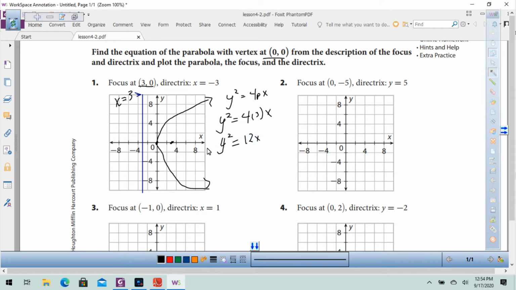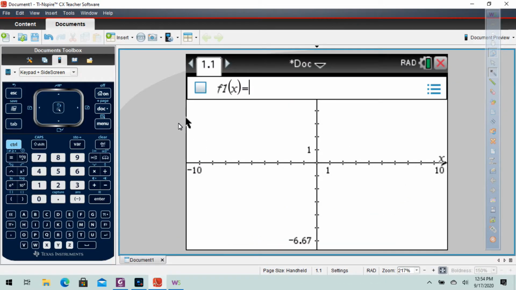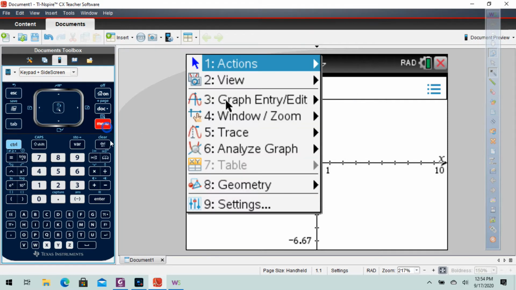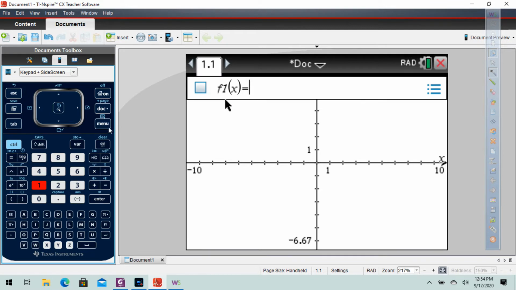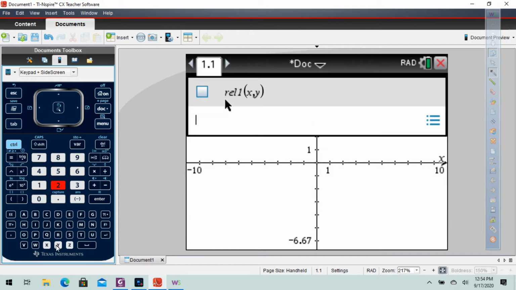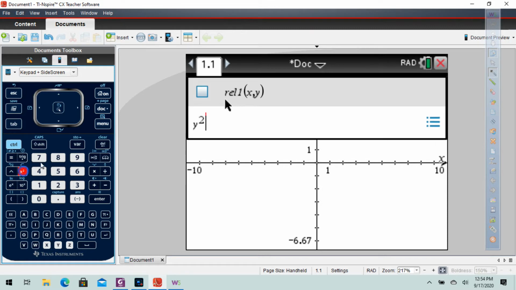Okay. Now let's check our work. Let's use the calculator to check our work. Menu 3, 1, and we've got menu 3, 2. We've got y squared equals 12x.